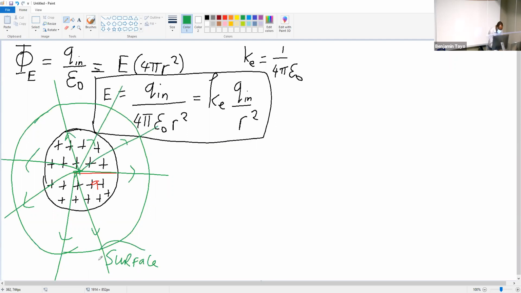So notice that for this particular surface, Q in is equal to Q, because all the total charge is in there.